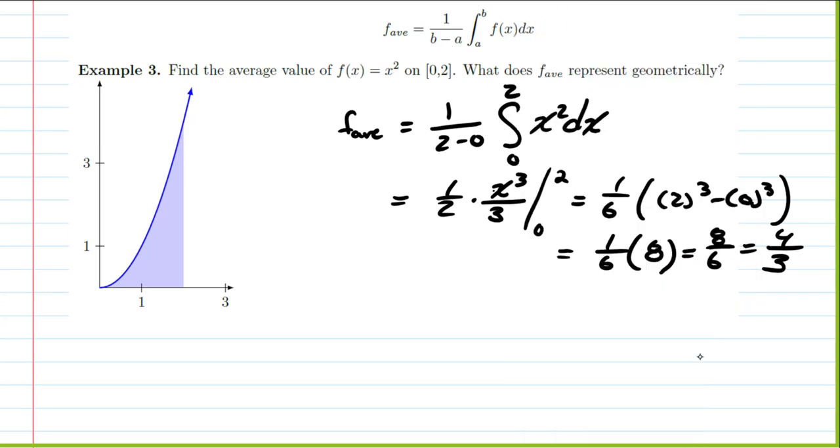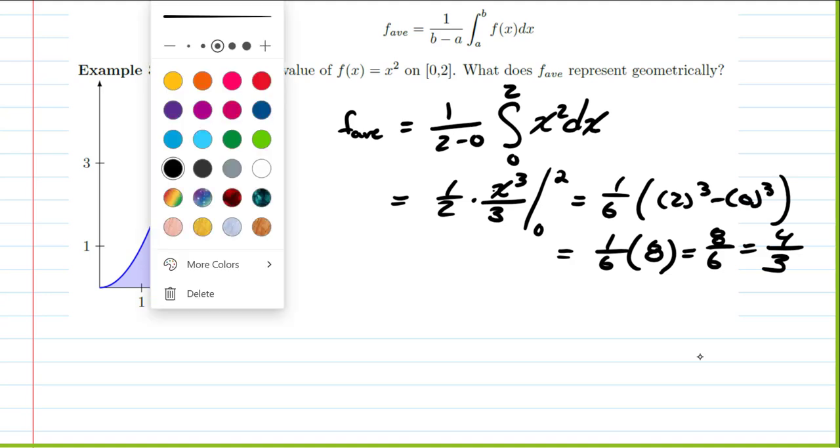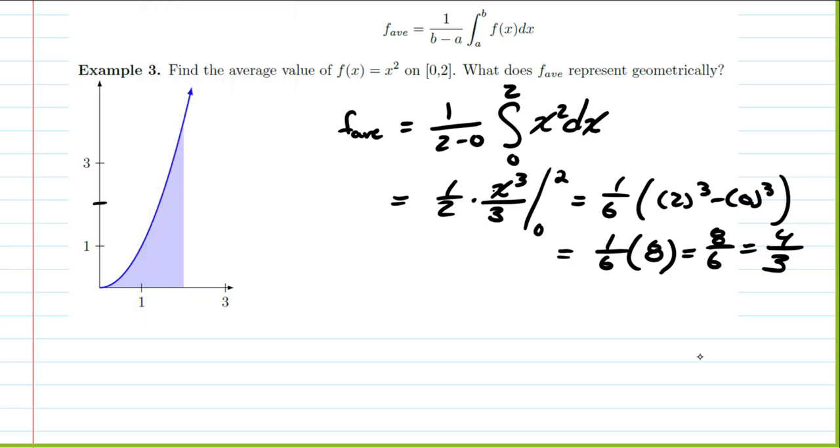And so geometrically, what is it that the 4/3 represents? Well, we have 1, 2, 3, so here would be 2, and 4/3 would be a third of the way here. So 4/3 would be the height of a rectangle that would have the same area as that part that is shaded in blue.